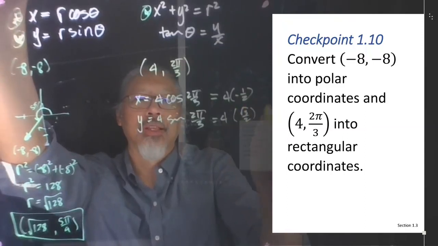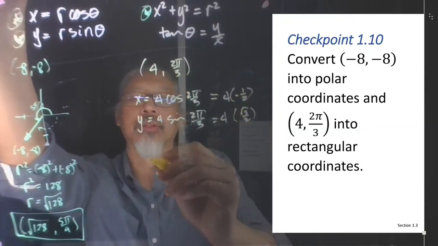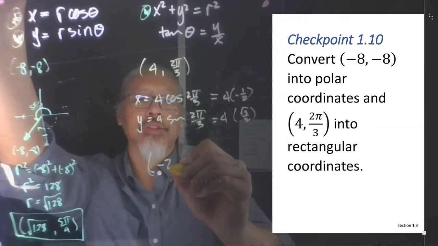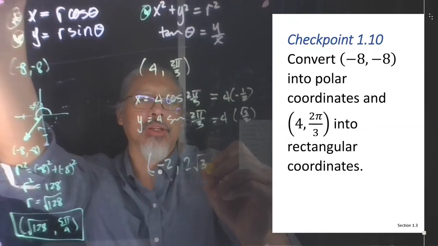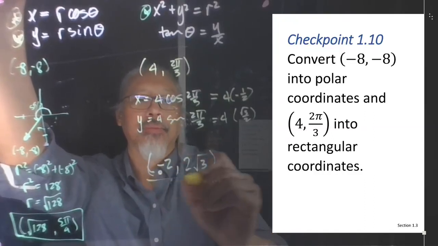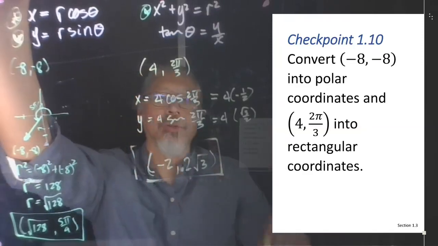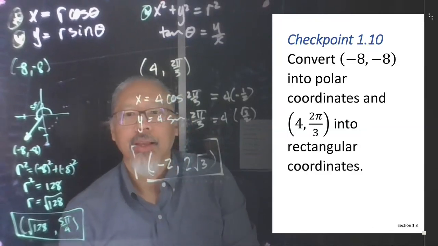So if we simplify these, we're going to get -2 and 2√3. So our point is going to be -2 in the x and +2√3 in the y. Okay, so this is your Cartesian coordinate solution for that problem. Okay, I hope that helps.